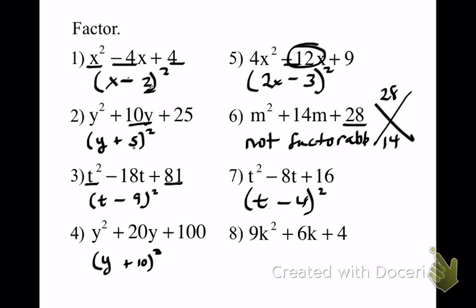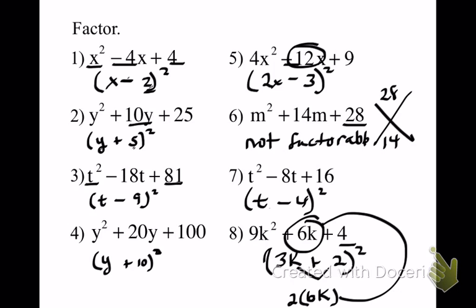And then the last one, I'm going to try the square root of 9k squared is 3k. The square root of 4 is 2. And so when I multiply those together, that becomes 6k. Okay, double that, 12k. Does that give me the middle term here?